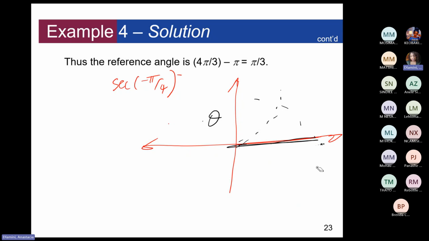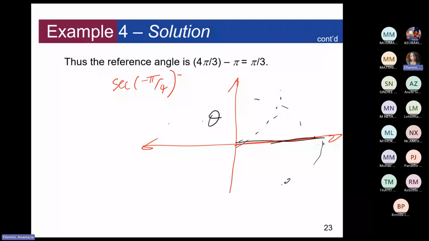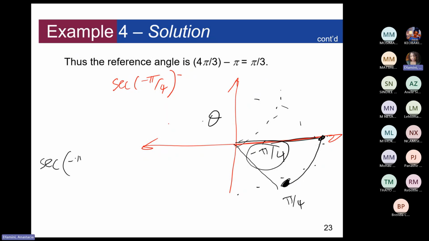But if you didn't move around, you know negative pi over 4 is just you moving from here to here. As long as you're in this quadrant, your reference angle would just be positive pi over 4. So this is sec of negative pi over 4.